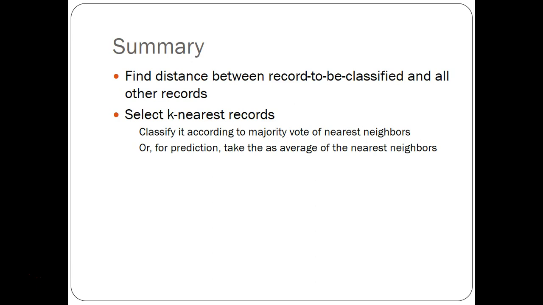You can also use the kNN classifier for predicting values. We didn't talk about that at all, but if you wanted to, you could use the Euclidean distance process to determine the k nearest neighbors, whether it be 5, 10, or whatever. And then instead of classifying a record as Class A, Class B, Class C, you could take the values of those 5, 10, whatever records, take the mean of those, and that takes on the value of what your new record could be.